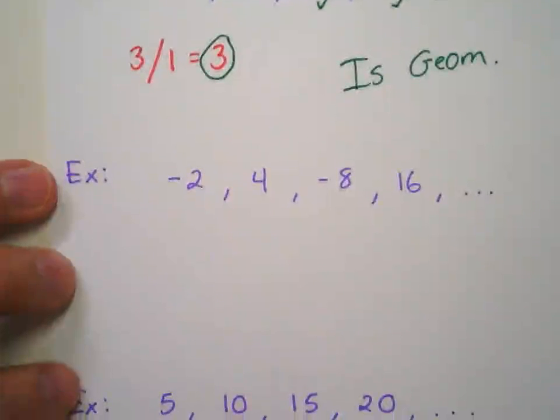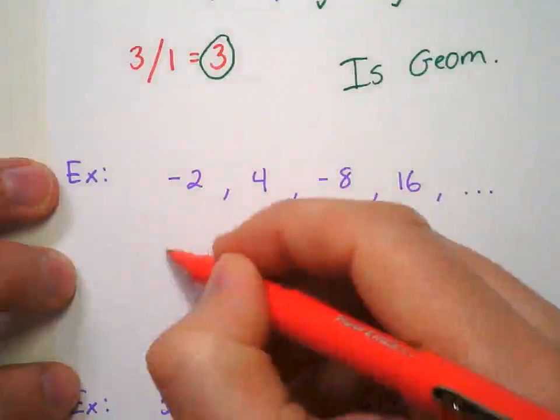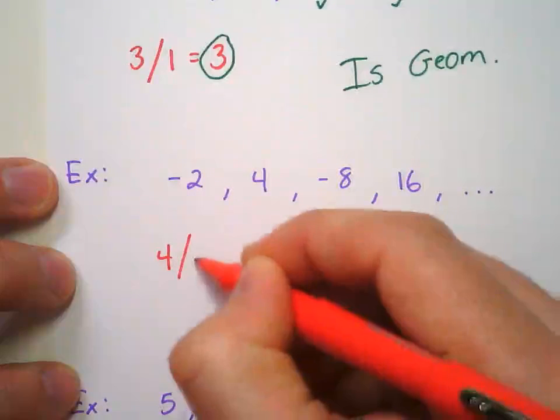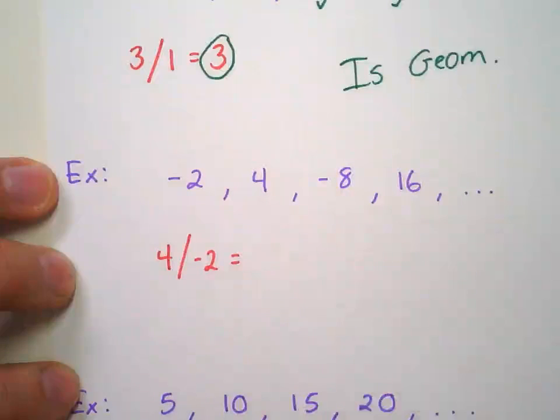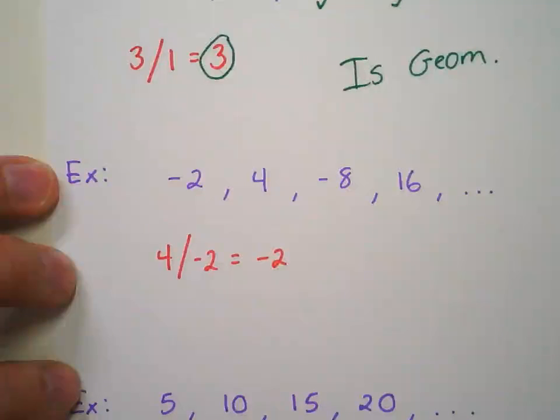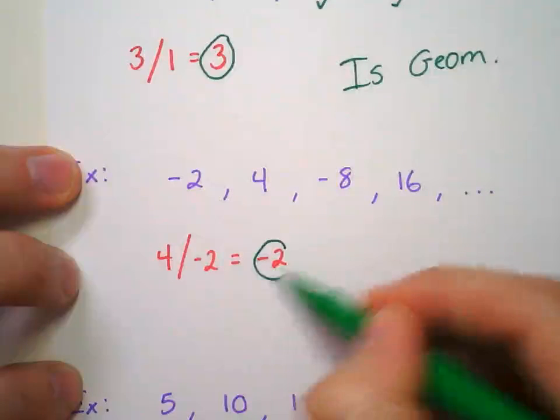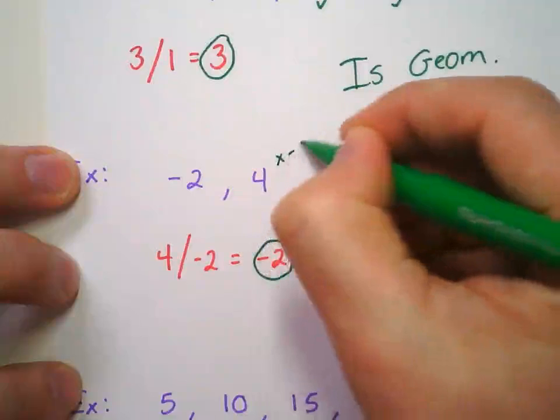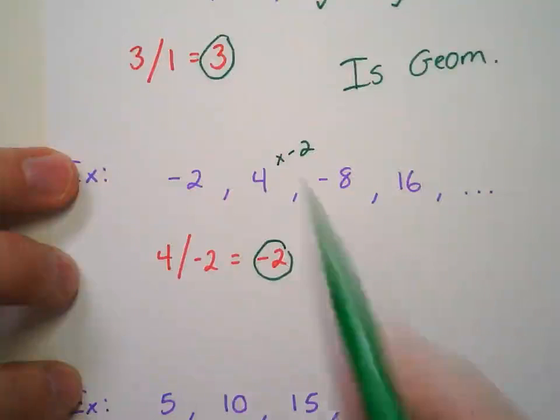Let's take a look at another example. Again, first step, take our second term, which is 4 here, divided by our first term, which is -2. So 4 divided by -2 is -2, actually. So we take our answer and multiply it by the second term.